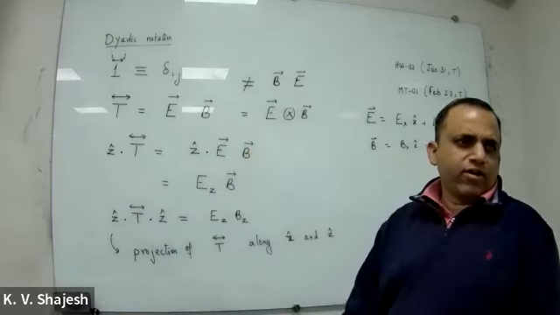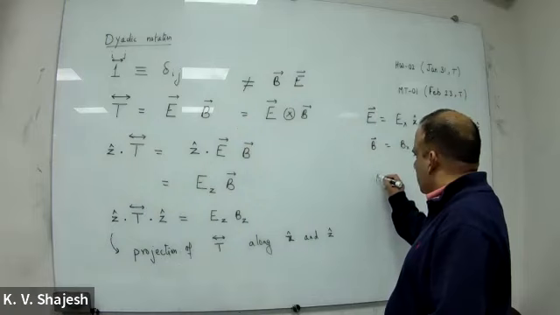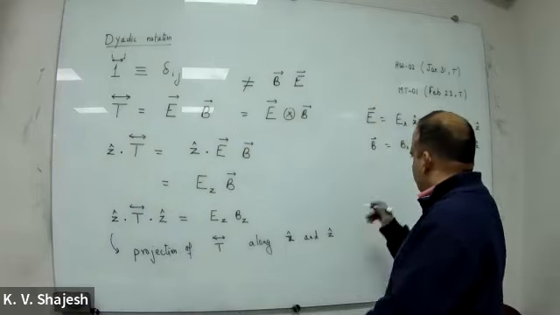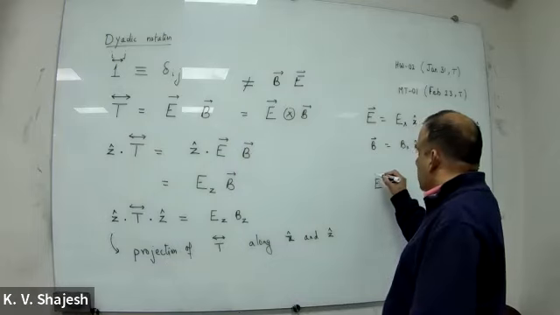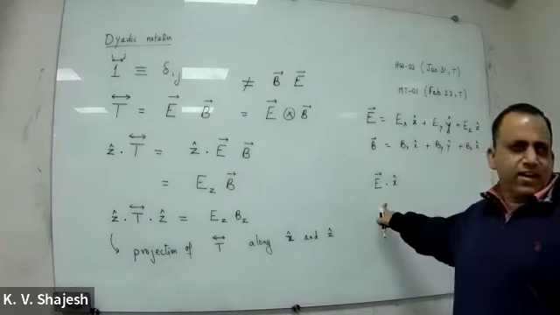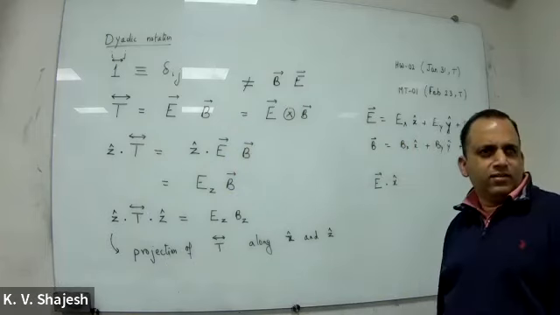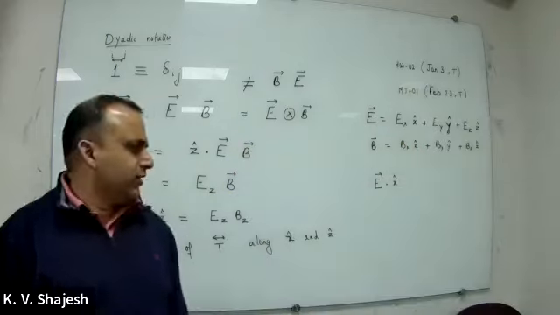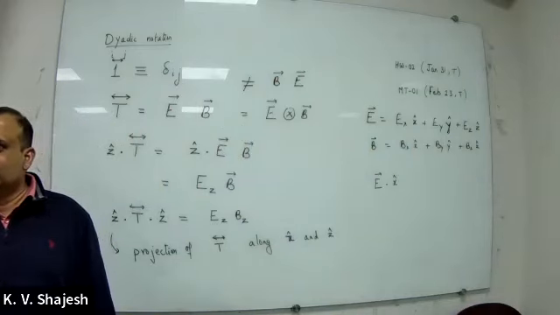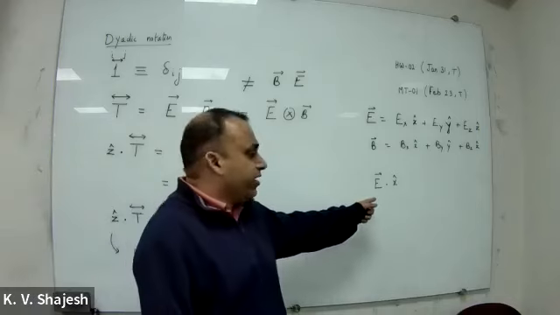For example, a vector, let's say E. E dotted with x hat, is that a scalar or a vector? Or is it a component of a vector? It's a component of a vector.